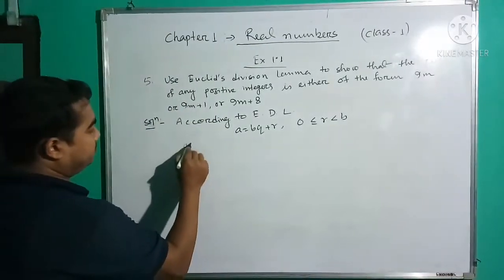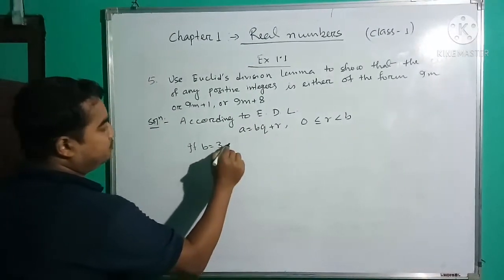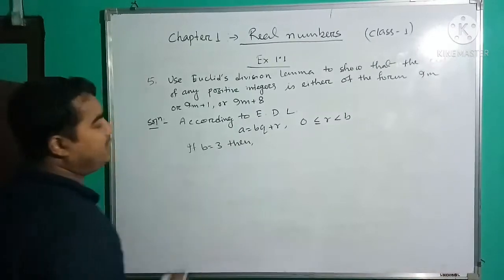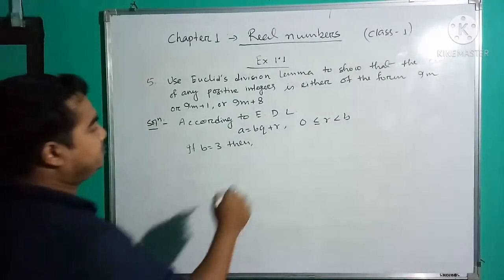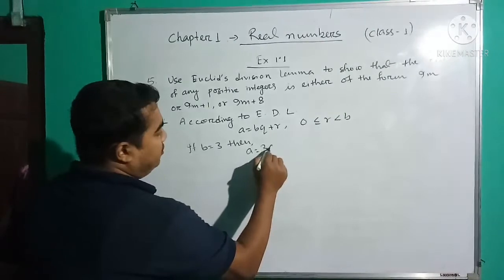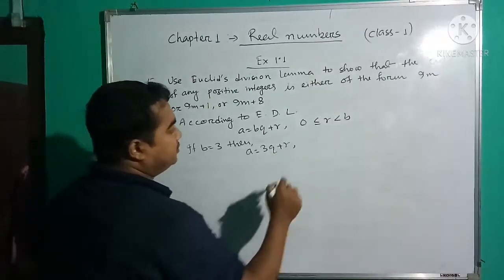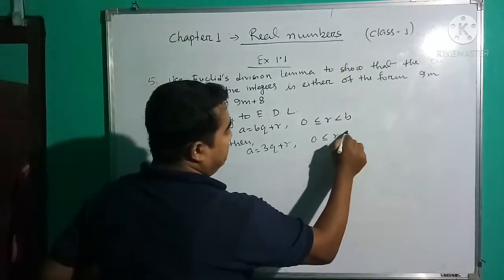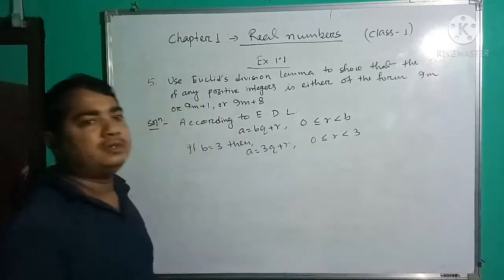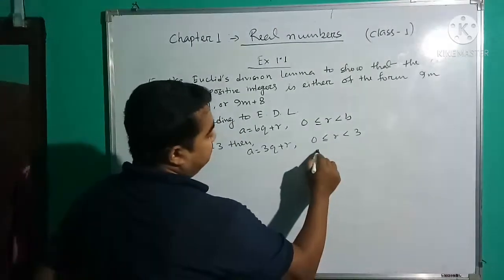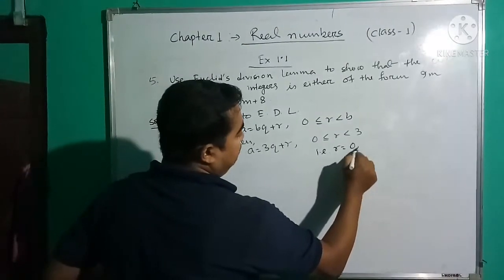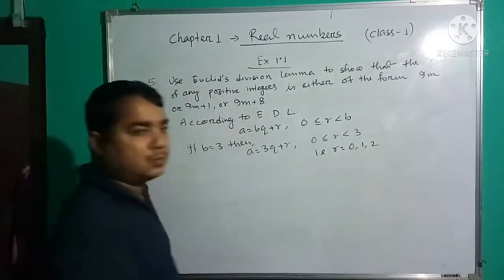If b equal 3, then a equal 3q plus r, where 0 is less than or equal to r is less than 3. Now 3. That means remainders are 0, 1 or 2.